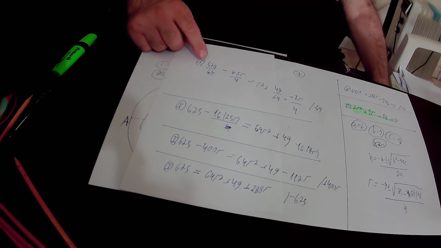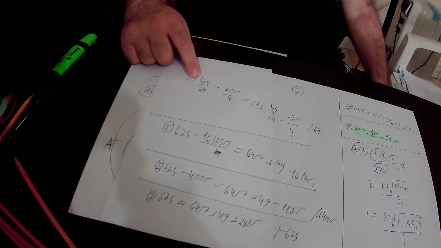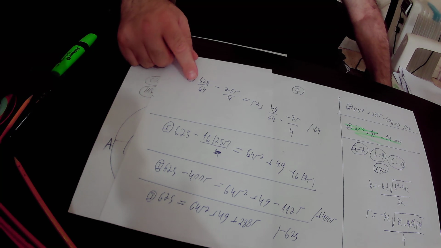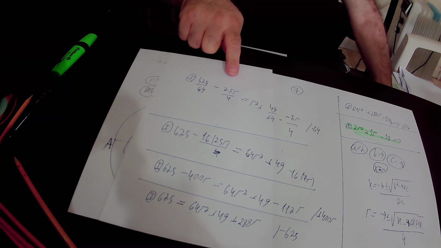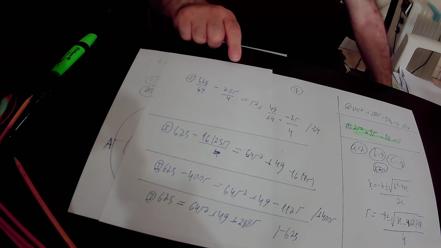Here we have 64 over 64 is 1, so 64 will get cancelled, and we are left with 625. Here we multiply this expression by 64, and here we have 64 over 4, that is 16. So in conclusion, this expression, after we multiply it by 64, is equal to minus 16 times 25r.